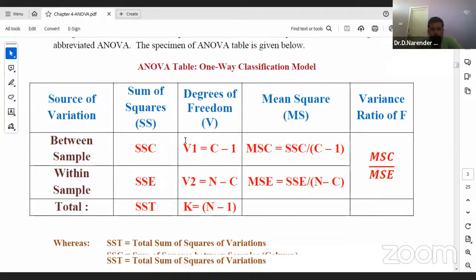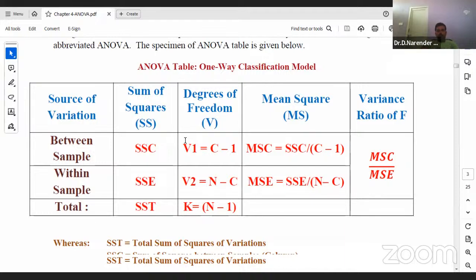To know V1 and V2, there is a separate table of values. These table values are written by the statistician at the back of the S P Gupta book, just like logarithm tables: the 5% ANOVA table value and the 1% ANOVA table value.